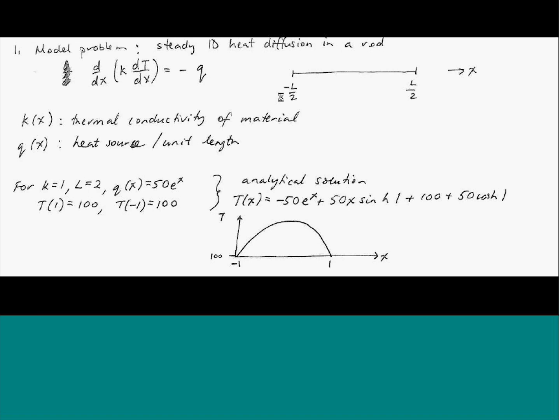And boundary conditions: the temperature at the right end of the rod is set to be 100, and the temperature at the left end of the rod is set to be 100.